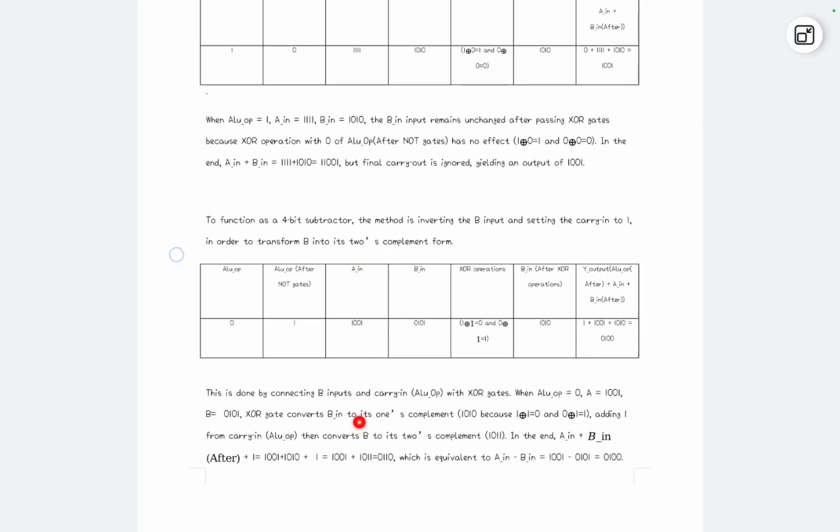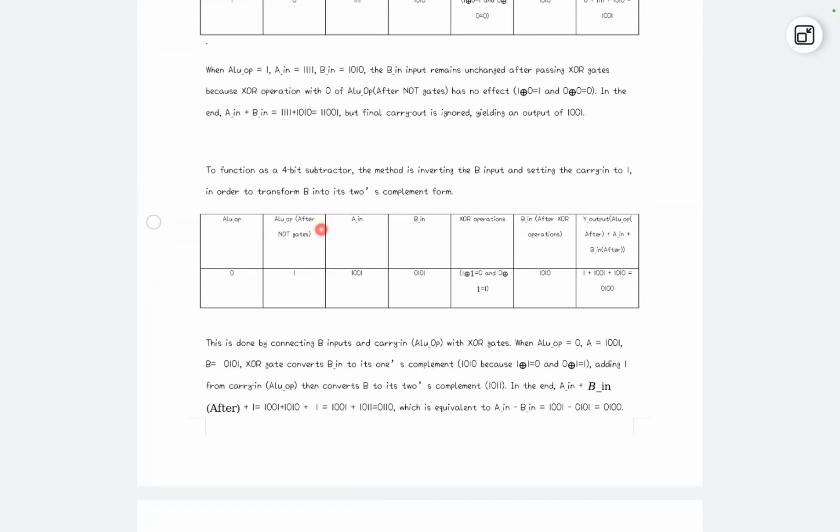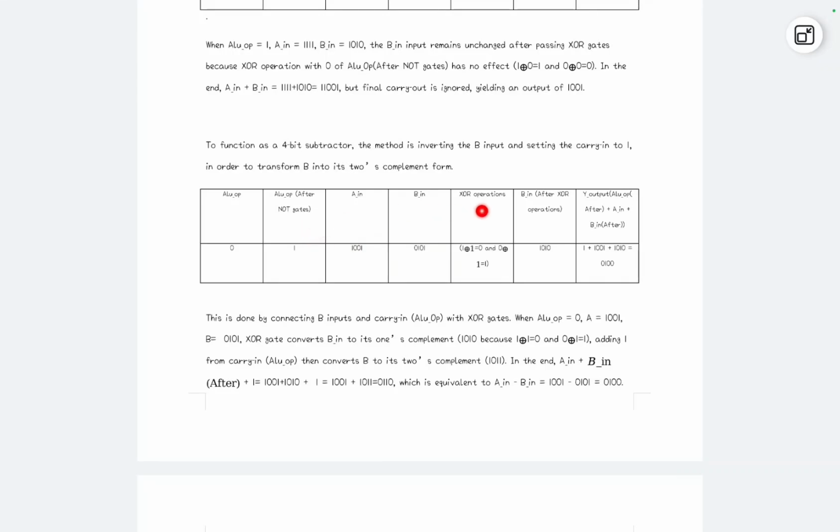And we come to the next, which is the subtraction path. Like ALUOP is 0. After it enters the NOR gate, it will become 1. And A in is 1001, and the B in is 0101. Sorry. Okay, because the ALUOP after the NOR gate is 1, it will influence the XOR operation here. It will invert the bits of the B in.